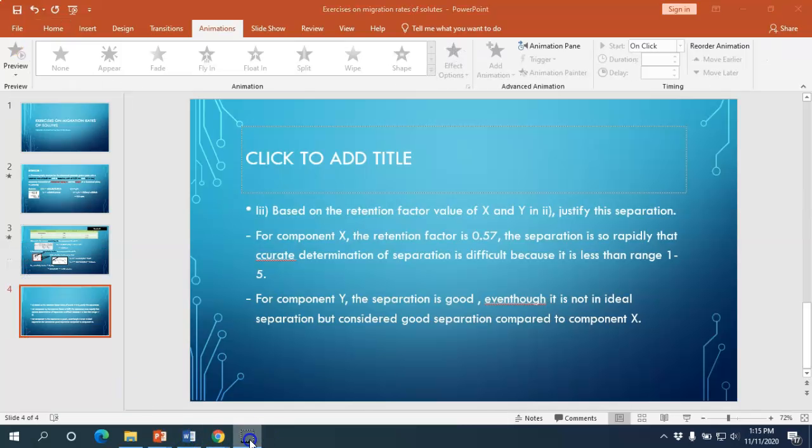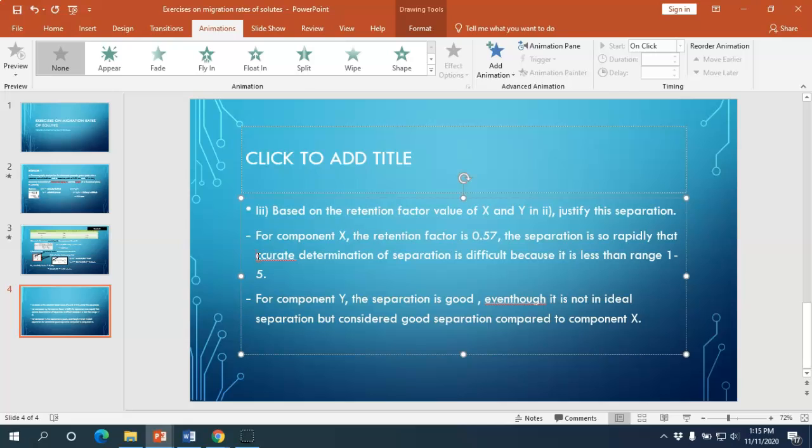Okay, we proceed. So the answer for 3: for component X, the retention factor is 0.57 and the separation is so rapid that accurate determination of separation is difficult, because it is less than the range 1 to 5.